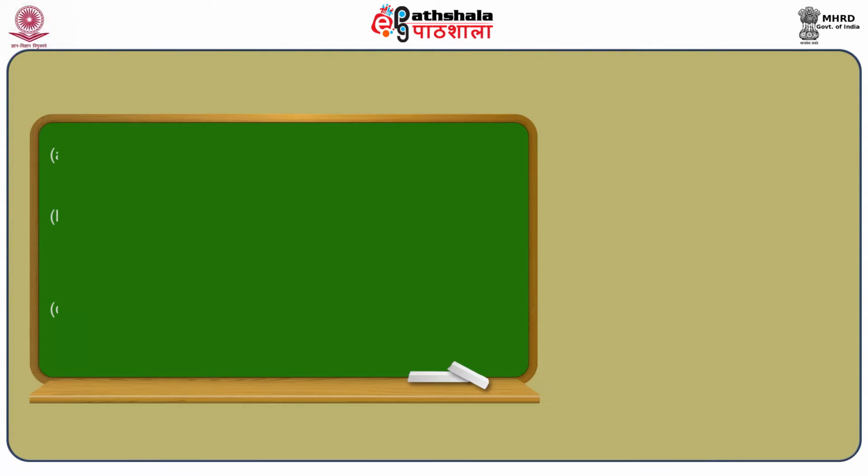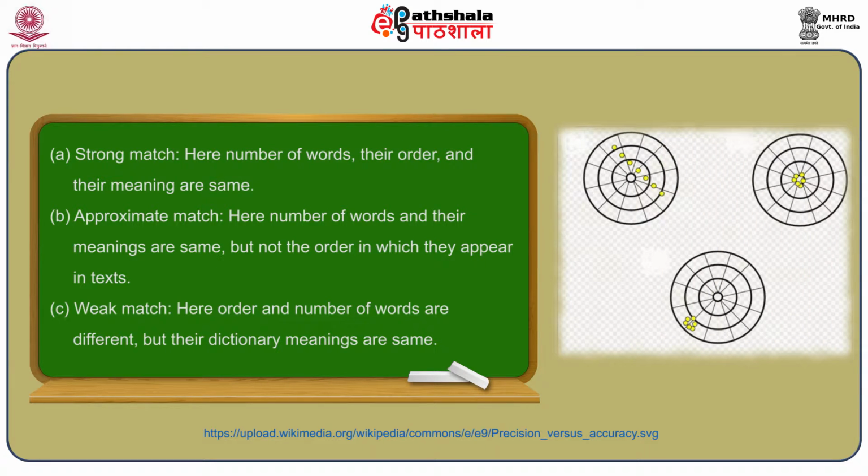After translation analysis, we come with three different outcomes. There are situations where there is a strong match, where the number of words and their order and meaning are the same both in the source language as well as in the target language. Then we come across the approximate match, where the number of words and their meanings are the same, but not the order in which they appear in the texts.